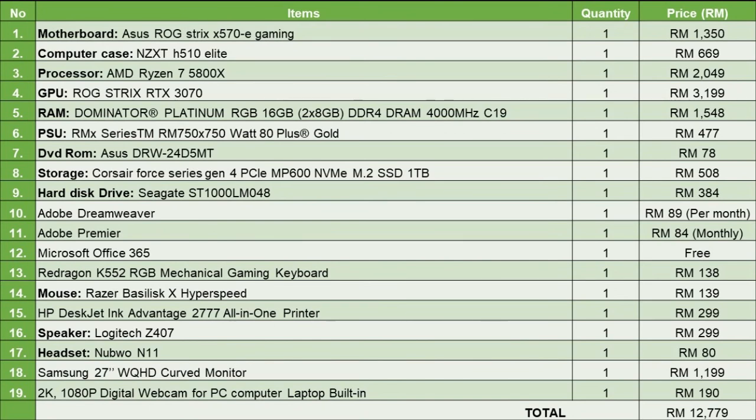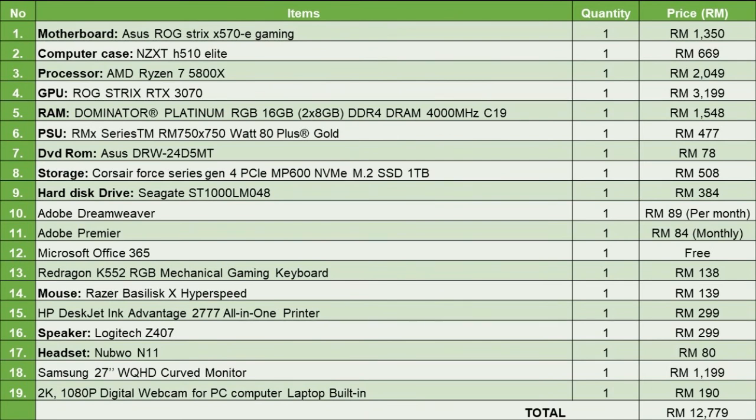For RAM, this item is 1,548 ringgit. For the PSU, the price is 477 ringgit. For the DVD ROM, the price is 78 ringgit. For storage, the price is 508 ringgit. Next, the hard disk drive. The price of the hard disk drive is 384 ringgit.